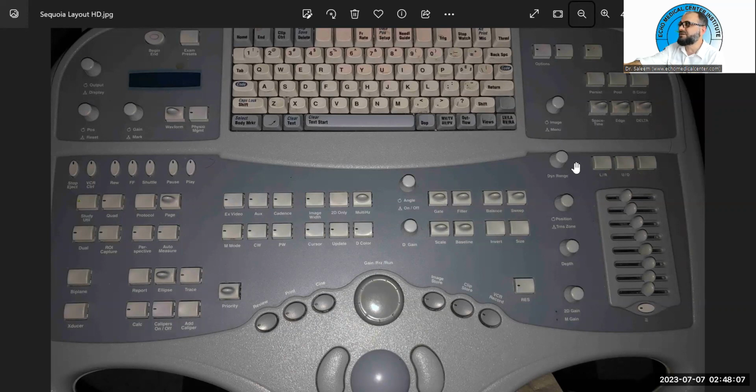So let's talk about this knob, which is the dynamic range. What is this, why do we need it, and where do we need it? What does dynamic range do when we use it? Dynamic range is actually the shades of gray. Any picture we see is made of a lot of shades of gray.